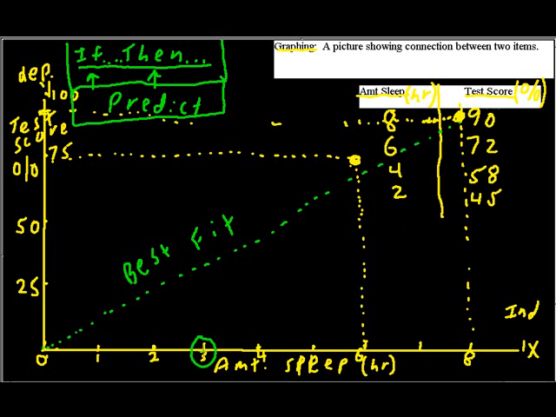And so what happens is you ask the question, if the subject or person received 3 hours of sleep, then if your graph or data is valid, you can now predict what the test score should be.